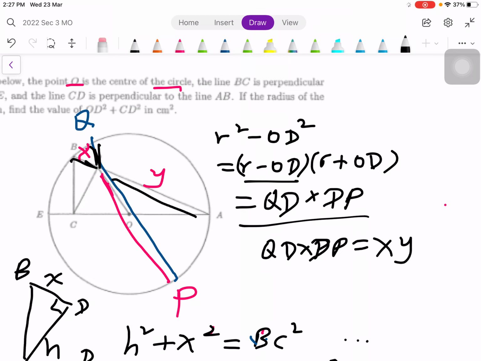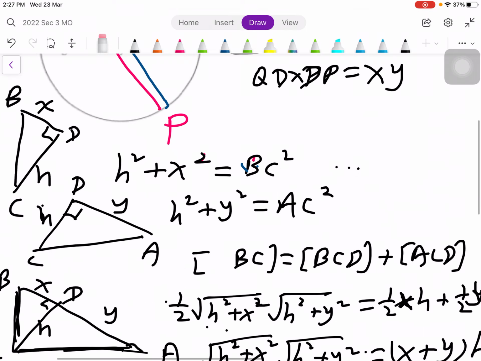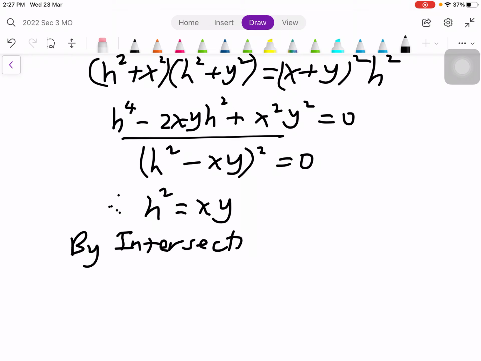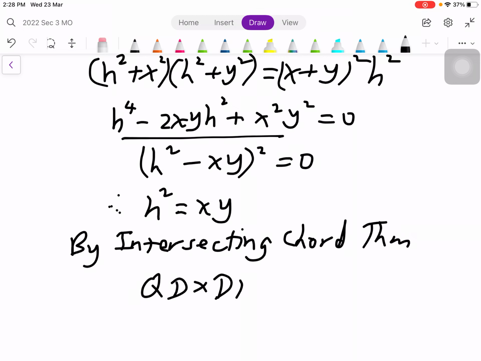Therefore, this is what we call the intersecting chord theorem. Alright, now let me write down the proper thing so that you can understand. By the intersecting chord theorem, I think maybe you didn't learn it in normal maths, but now you can just quote this theorem. Therefore, QD multiplied by DP is just equal to xy.